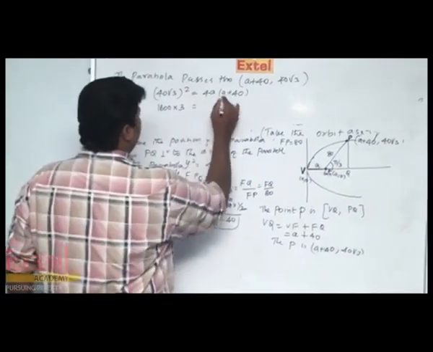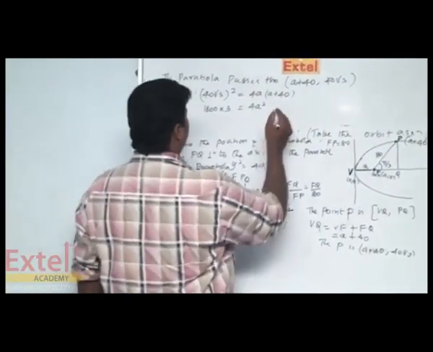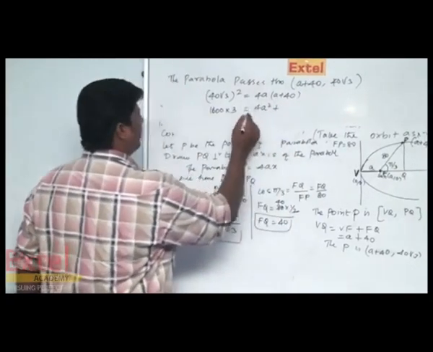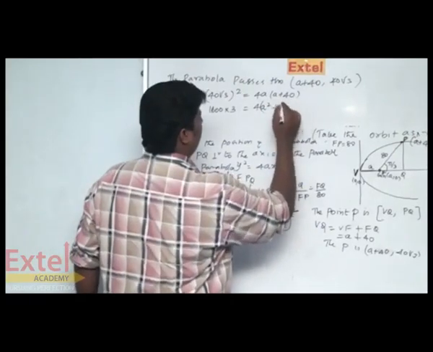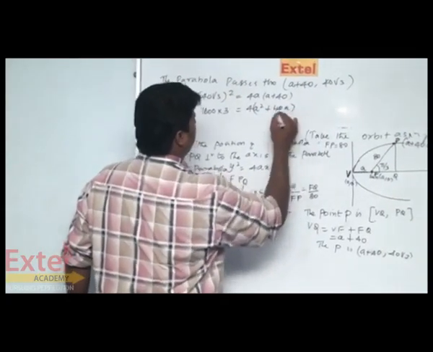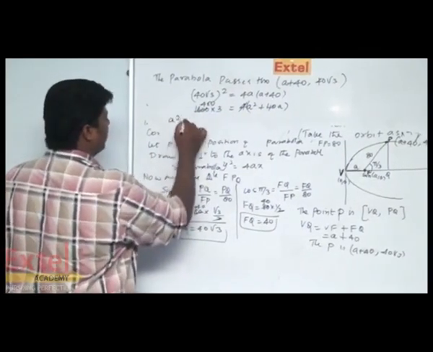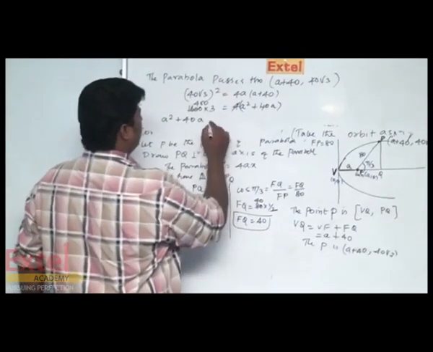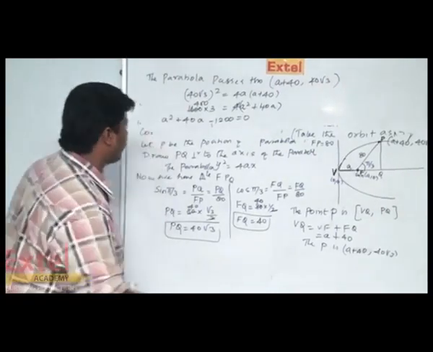Which is equal to 4a square plus 4 into 40a. So take 4 common, a square plus 40a, and 4 goes 1200 times. Therefore you can write the equation as a square plus 40a minus 1200 equal to 0. Let us factorize this one.